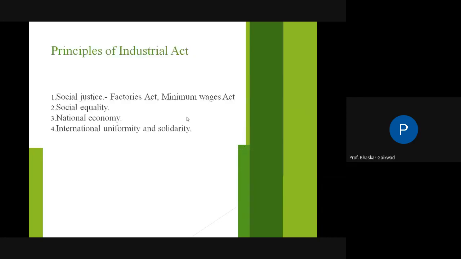Principles of Industrial Act: Social Justice, Minimum Wages Act. Suppose we start one industry and call persons to work in our industry, then we are giving certain types of work to that worker. This is one of the social works.